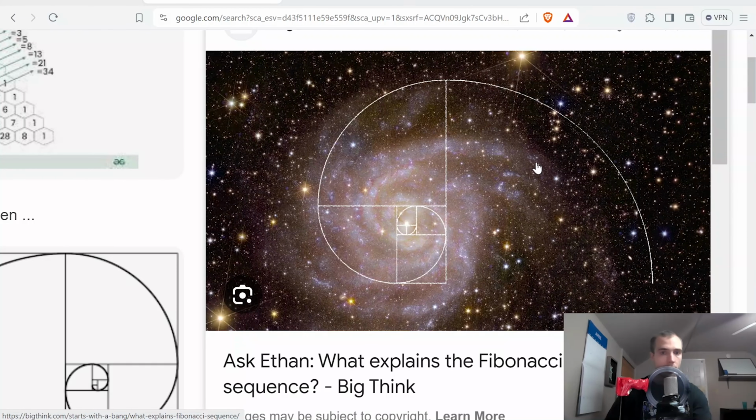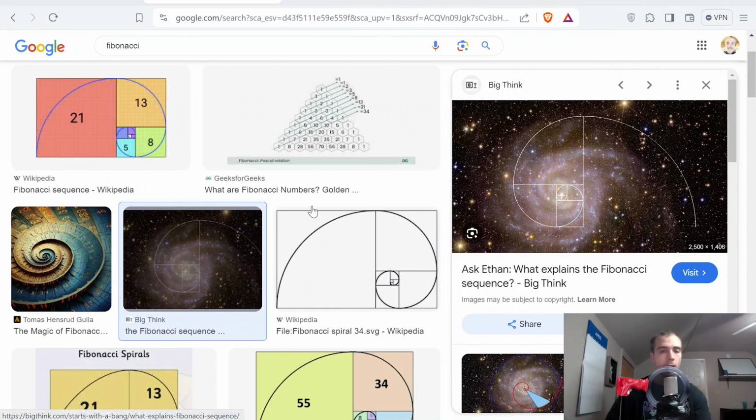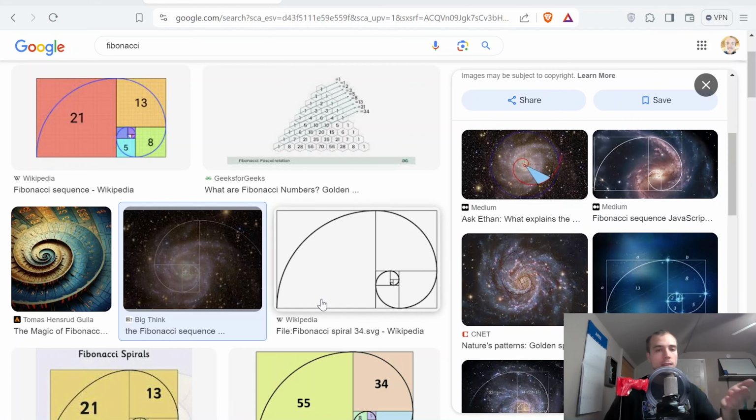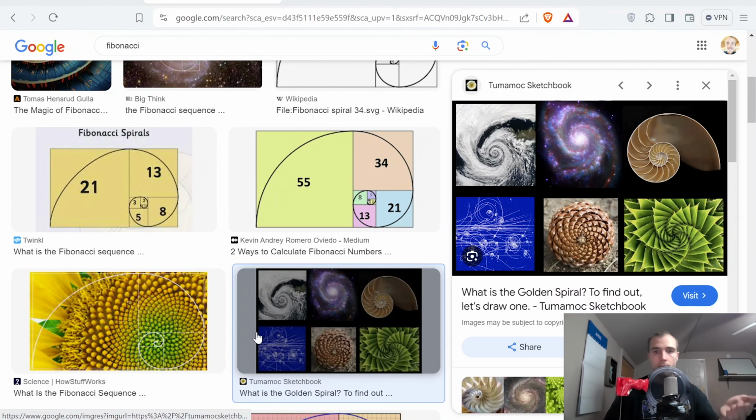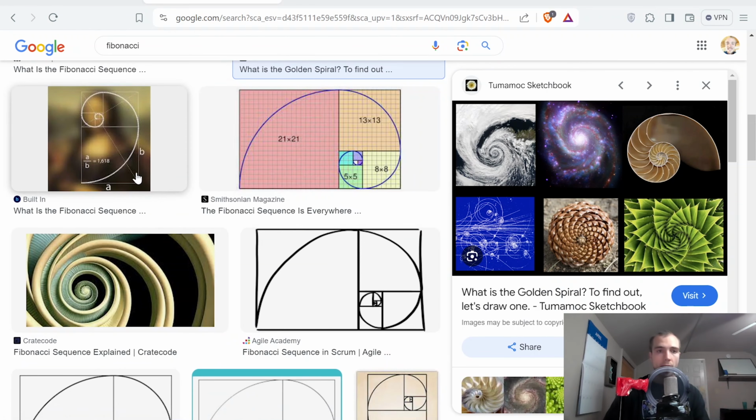You see Fibonacci spirals on trees. You see Fibonacci numbers on branches of trees. As they branch out, they branch in Fibonacci. You also see spirals, galaxies are Fibonacci spirals, seashells, pine cones, it's constant throughout nature.